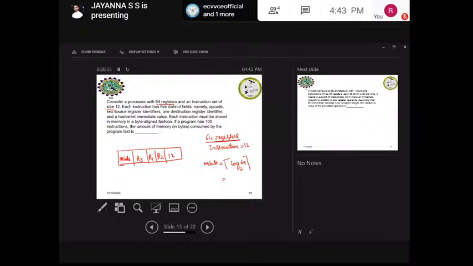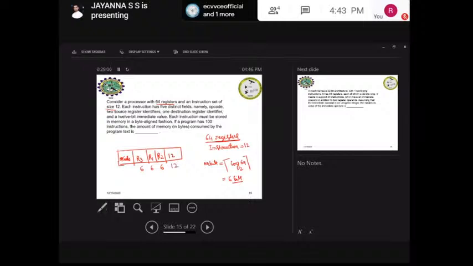Ceiling means whenever you get a real number, it is rounded up to the next higher integer. Here log 64 to the base 2 gives 6 bits. So 6 bits are used to represent every register. Therefore R3 takes 6 bits, R1 6 bits, R2 6 bits, and as usual the immediate value is 12 bits.